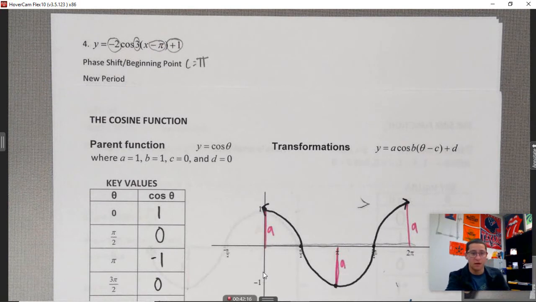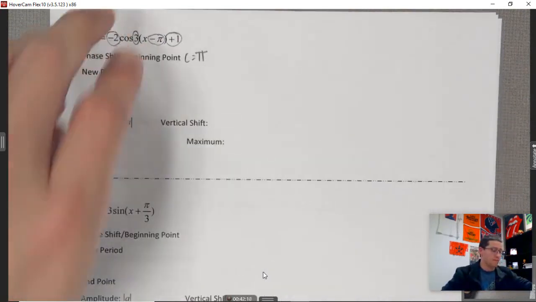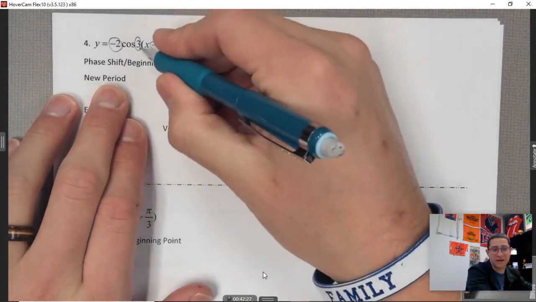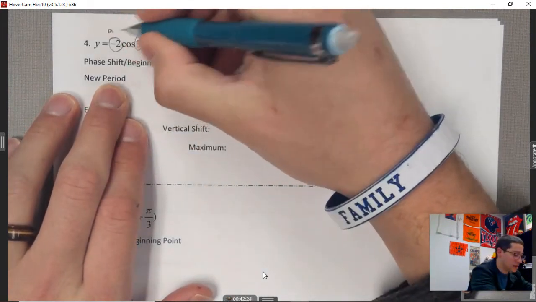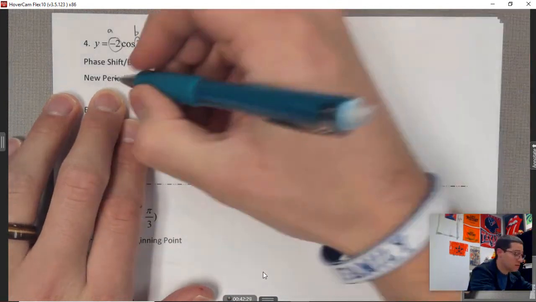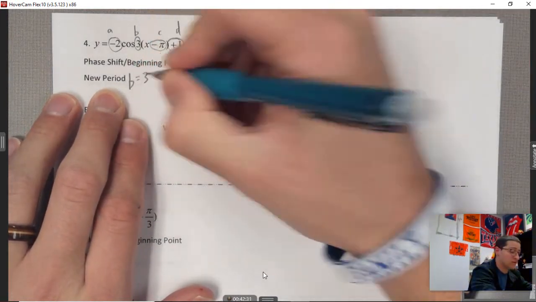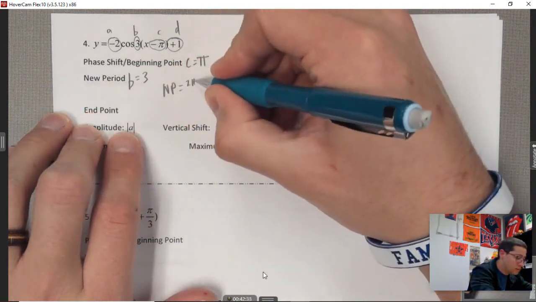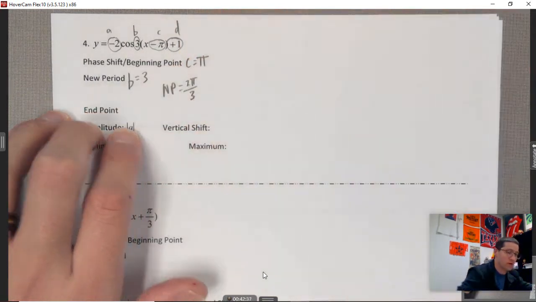Okay, back at it. So here we go. New period. Okay, the length here, right? I have a B value. That's a B, right? A, B, C, D. Okay, since we have a B value, I'm going to go ahead and write your B value is 3. But your new period, that means it's 2 pi over 3.